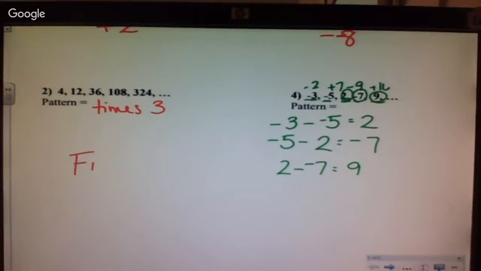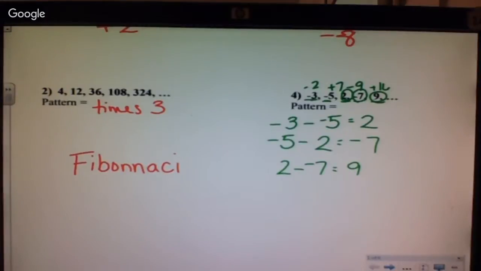How many of you have heard this word? Fibonacci. Fibonacci is a famous mathematician. He created what they call the Fibonacci sequence.